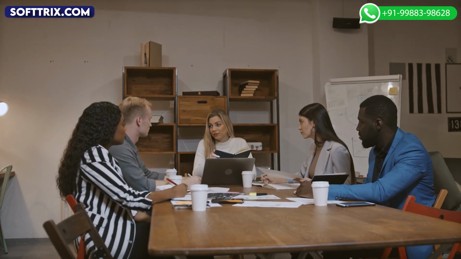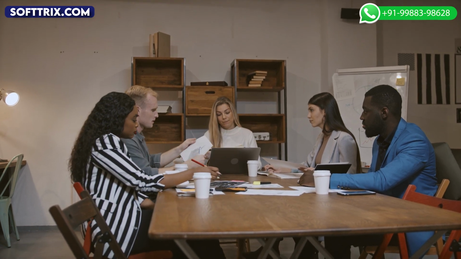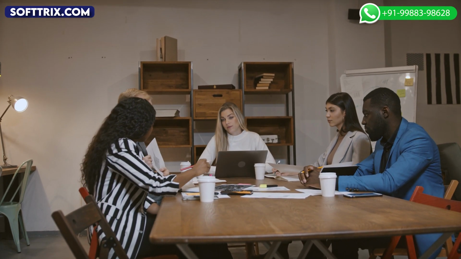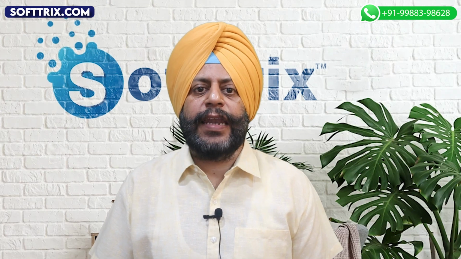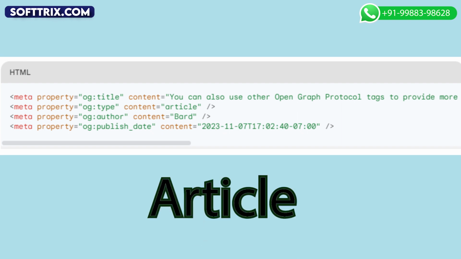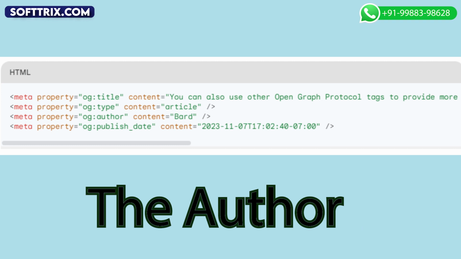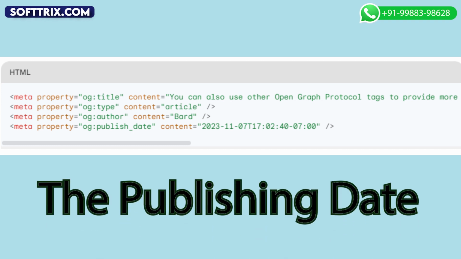You can also use other OpenGraph Protocol tags to provide more information about your content. This information can include the type of content, for example article, blog post, product page, the author, and the publishing date.